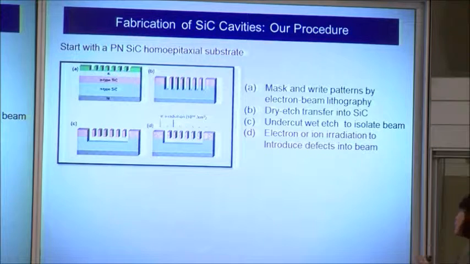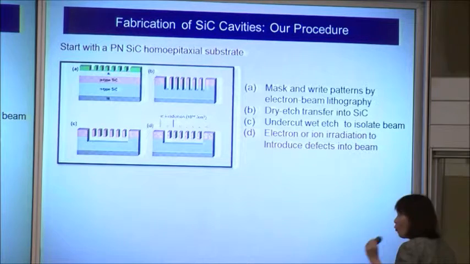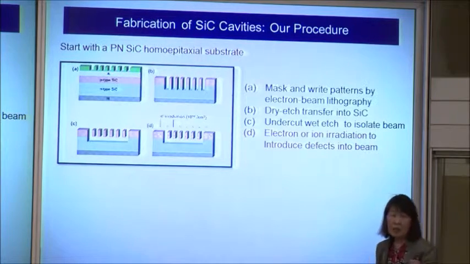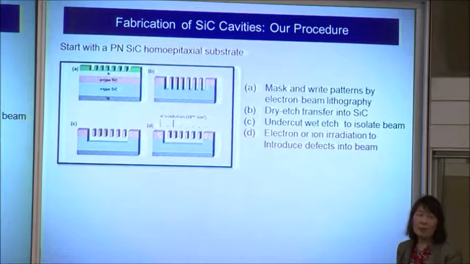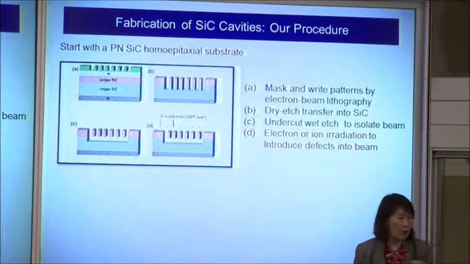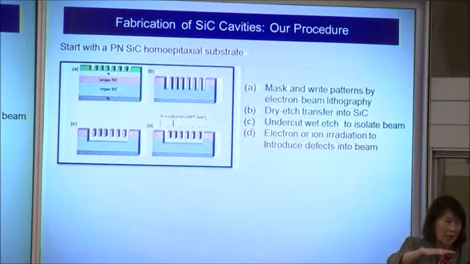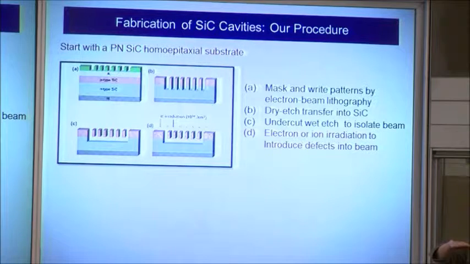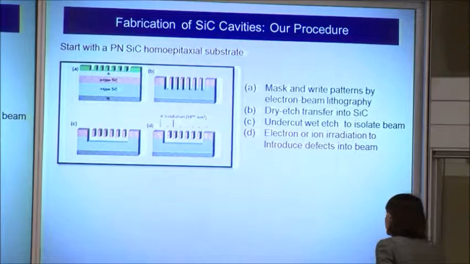We chose it so we could use a dopant selective wet chemical etch that allowed us to completely remove part of the silicon carbide so I could get that optical isolation, which is very difficult. Removing this silicon carbide so I have a free-standing bridge is very difficult to do by some of the typical techniques we use in nanoscale structuring.